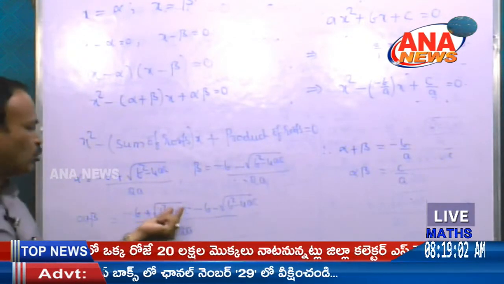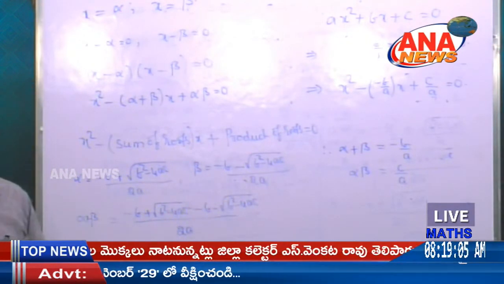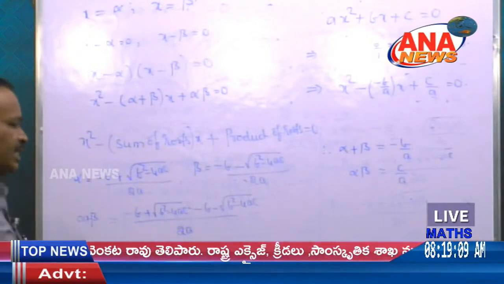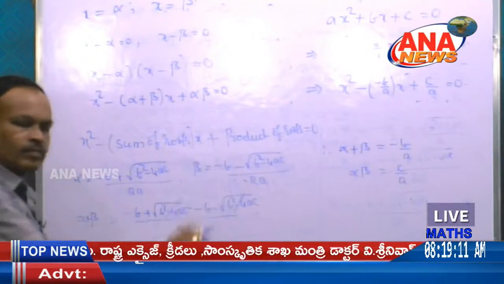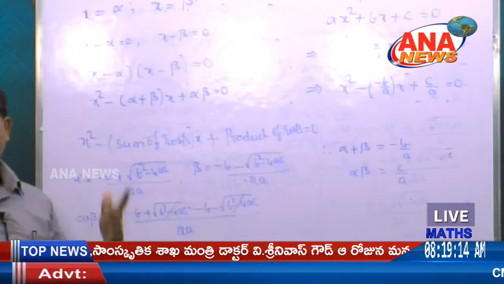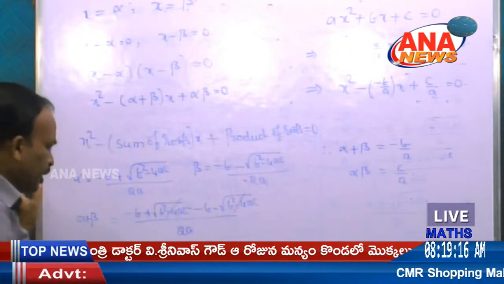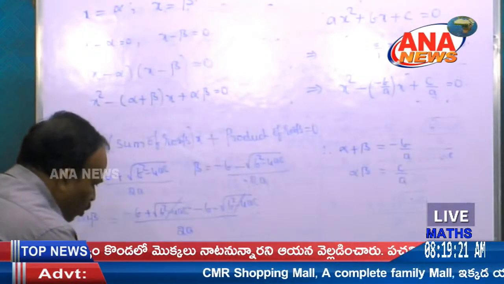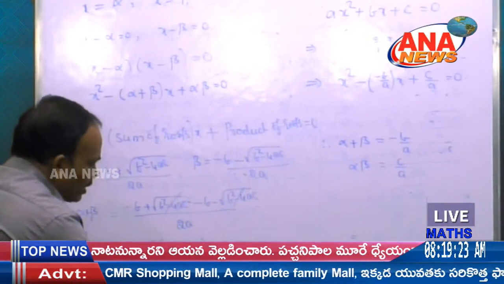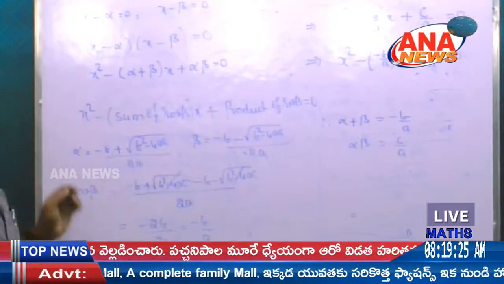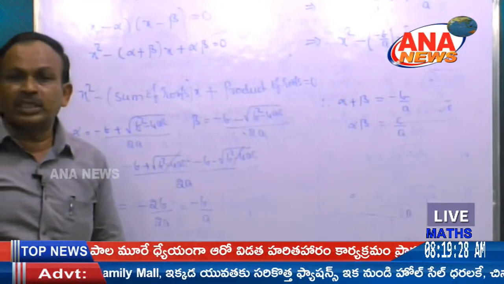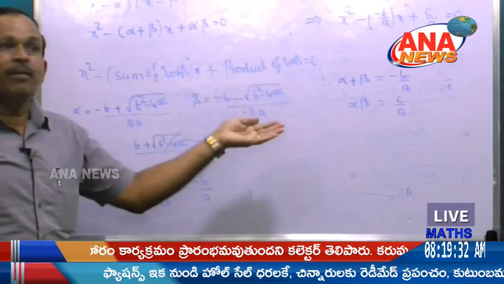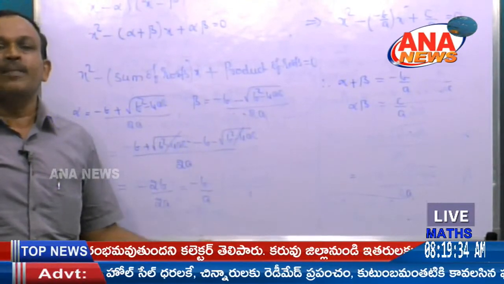Clearly these two values are the same but have opposite signs, so they cancel. Minus b minus b is minus 2b by 2a, which is clearly minus b by a. So the sum of roots is minus b by a.